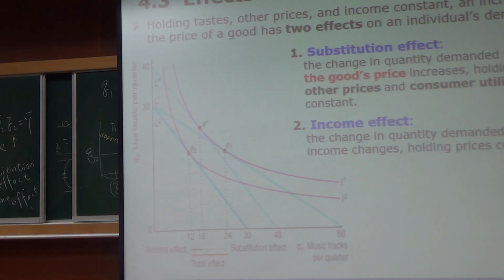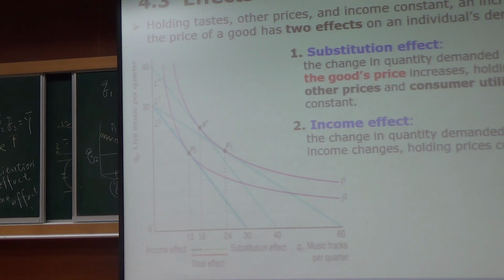Keep in mind that the reason why we want to hold consumer utility constant is because we want to capture the idea that the real income is kept unchanged. Okay? And let me give you another example.